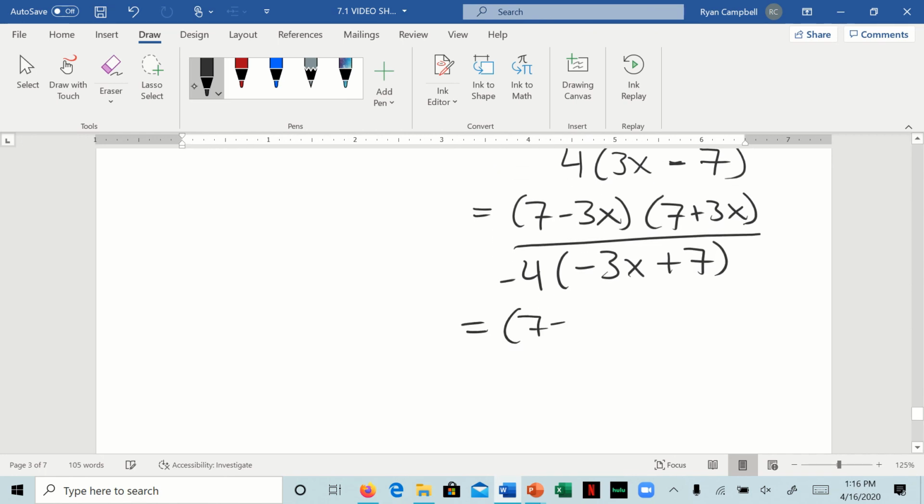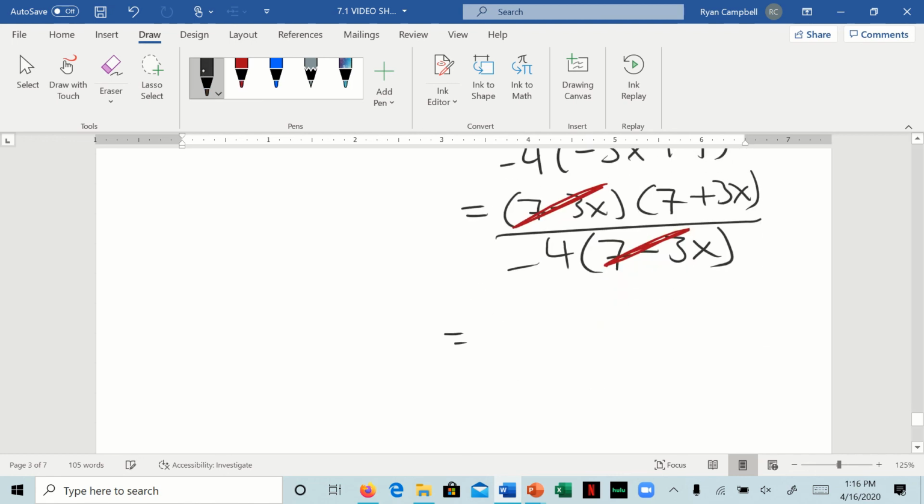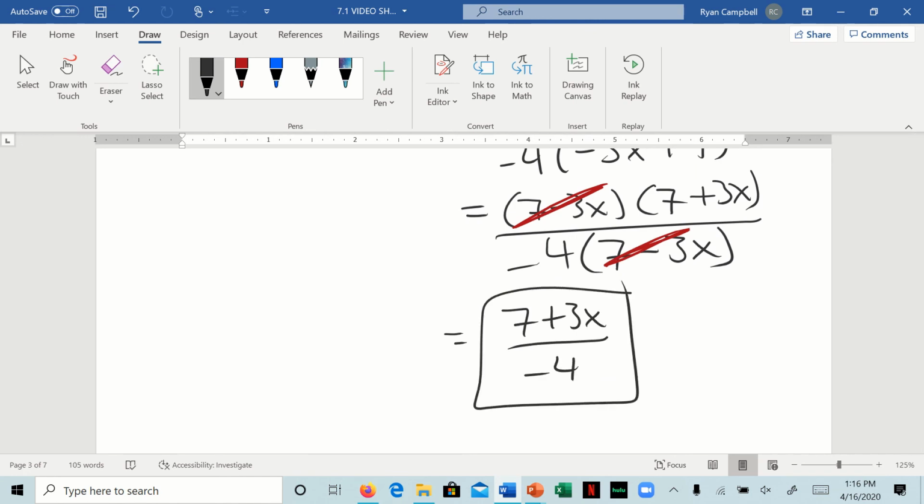We can rotate around so that we can see that it's the same thing. Negative 4. So 7, negative 3x. Right, so these two are canceled. And you're left with 7 plus 3x over negative 4. And that's our final answer.